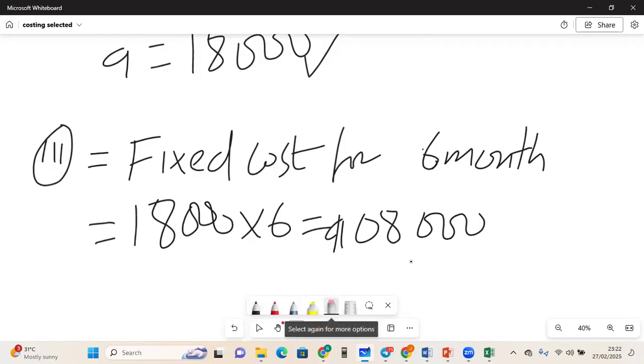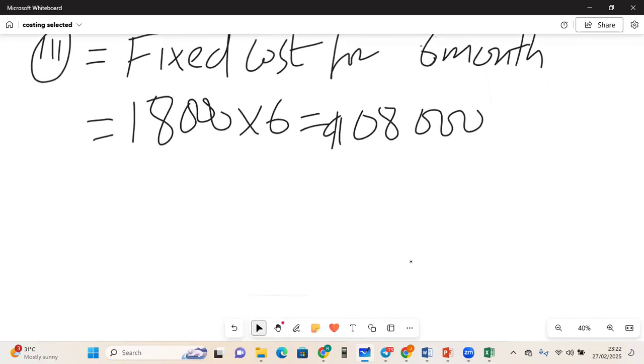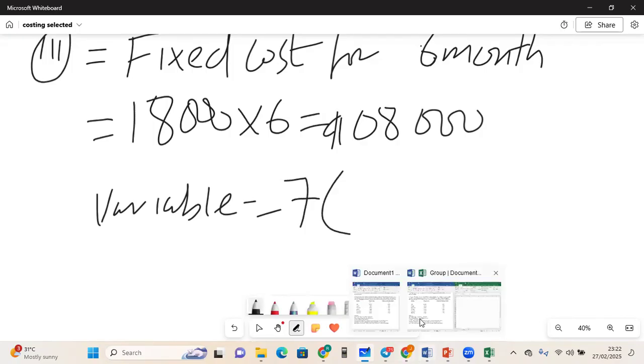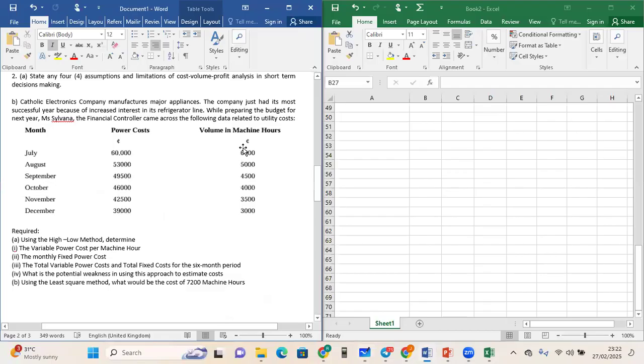Now, for the variable, we know the variable cost per unit, right? It is 7. Now, for variable cost, if we want to find it for the 6 month period, we are supposed to multiply it by the sum of these, right?